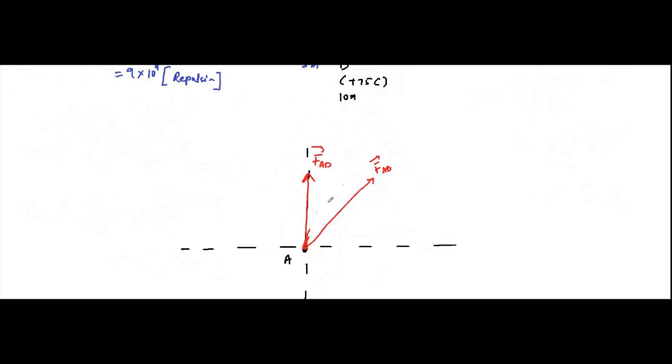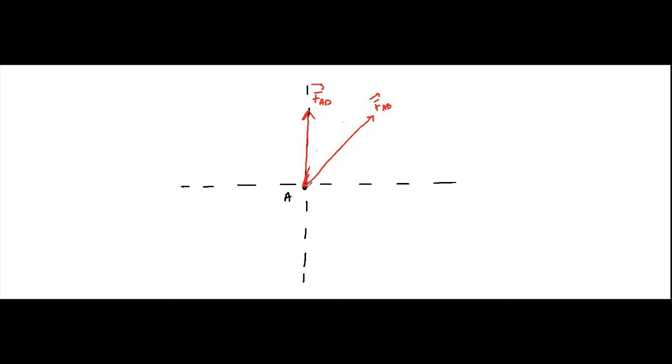This is FAB vector, this is FAD vector, and another one is FAC vector, this way. FAC vector.